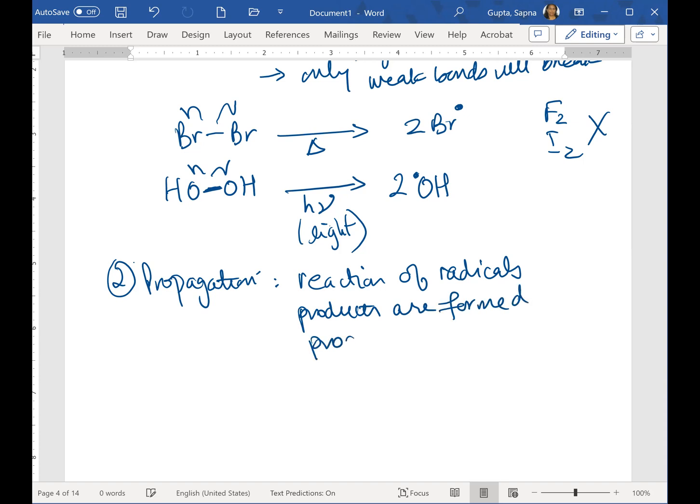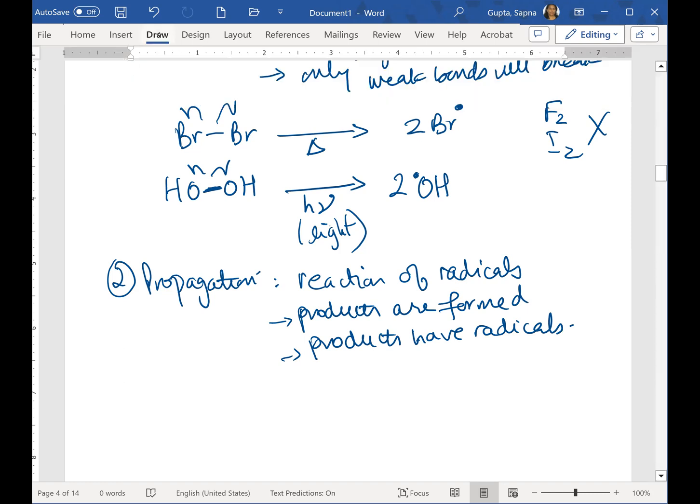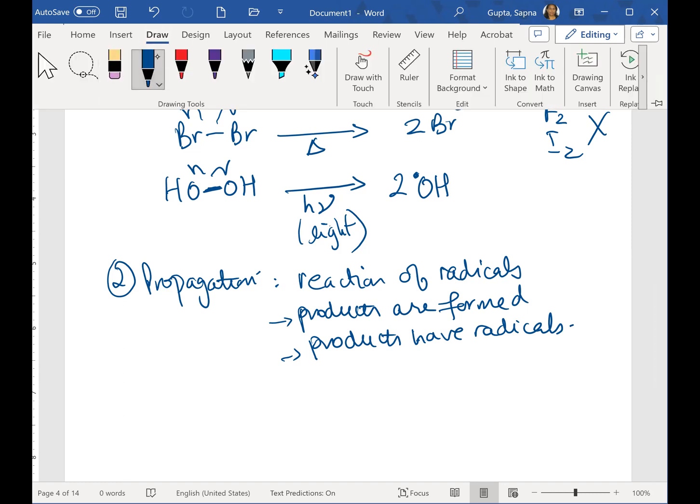The main thing here is that products have radicals, which means we're still working in the radical situation. So these things are important. I shouldn't say the 3 things, the 2 things are important here, because propagation itself is just the reaction of radicals that's happening.